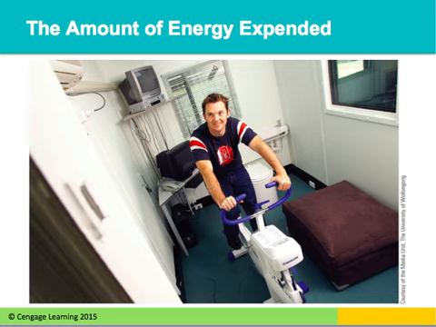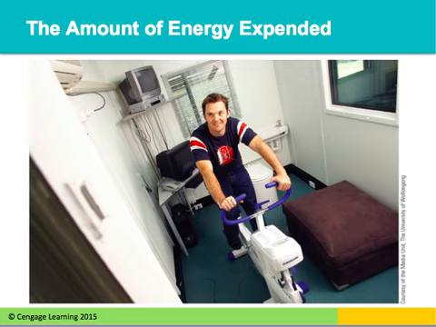This example right here is a whole room calorimeter that might be found in a laboratory research setting that has the capability to do direct and indirect calorimetry. For direct calorimetry, again measuring the heat change, the room is equipped to be able to measure the heat production of this individual as he cycles or as he exists in this room.